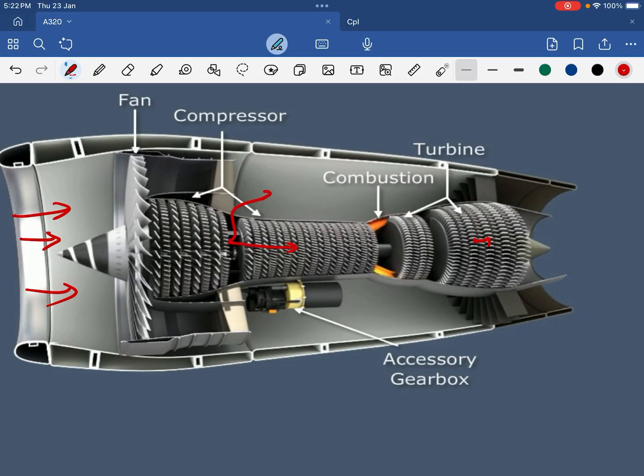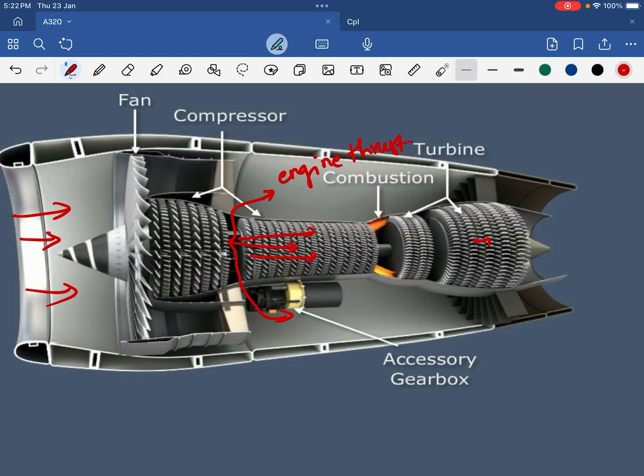Most of the air will flow out of the core, and this is the air which will produce engine thrust. The remaining air will go through the high pressure compressor, and this high pressure compressor will compress the air further.